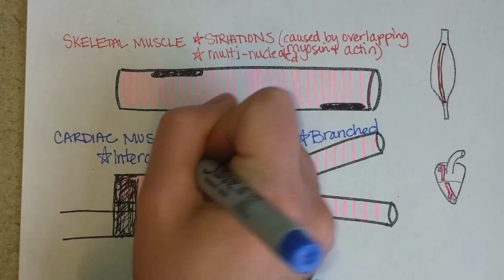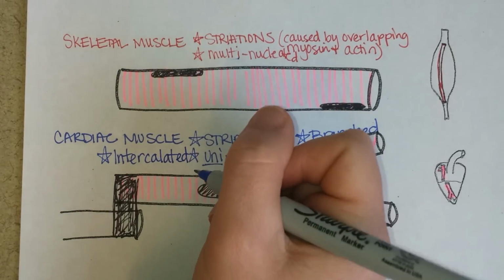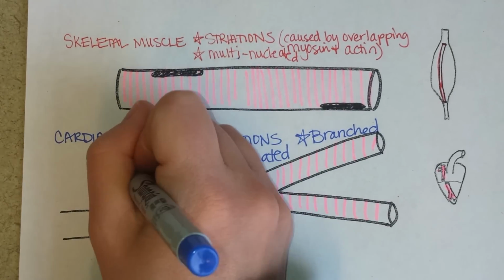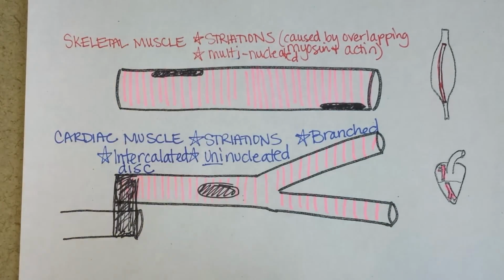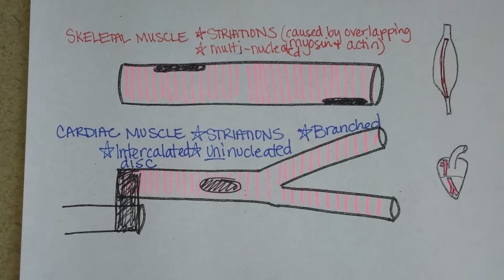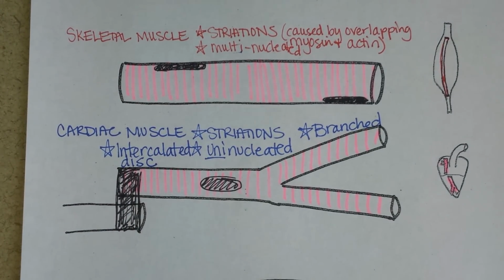Sometimes they're called intercalated discs. Intercalated is the other way they're sometimes described. And what this does is allow ions that are going to make the muscle cell contract easily flow from one cell to the other.